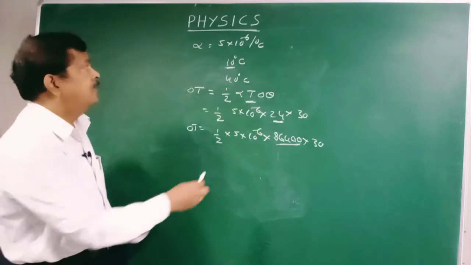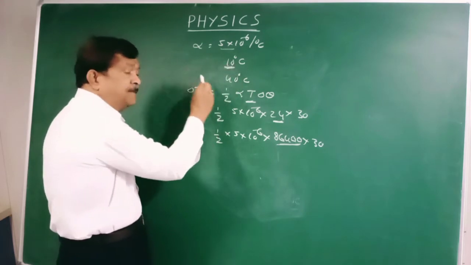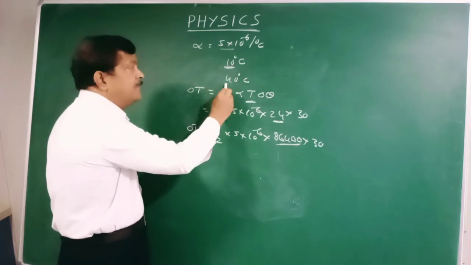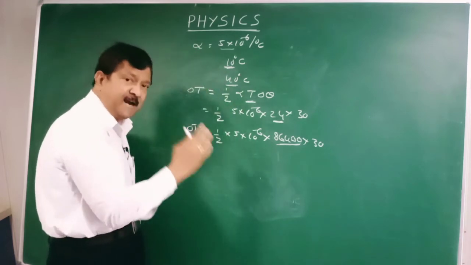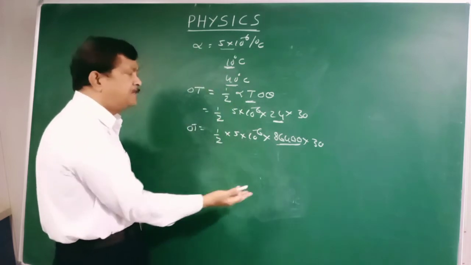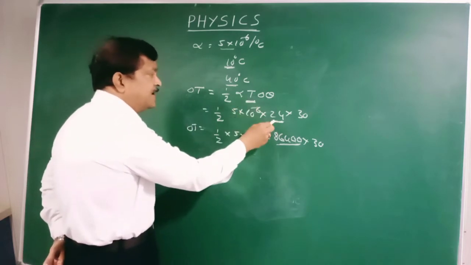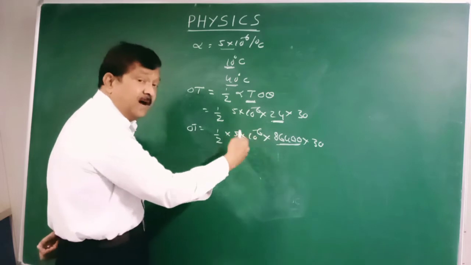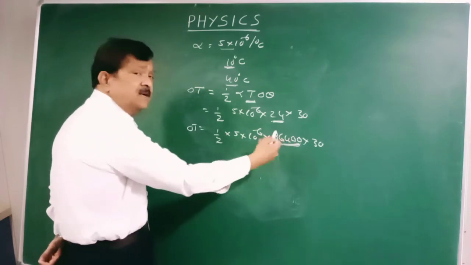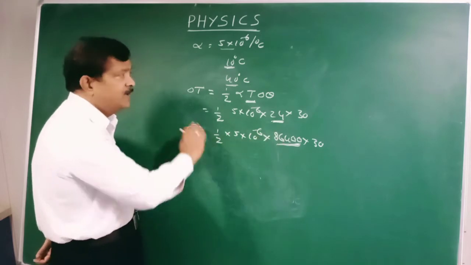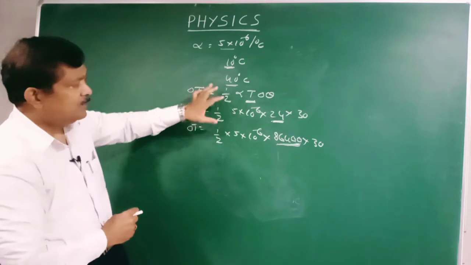Here alpha is given, and 10 degrees centigrade is the temperature at which it gives the correct time. But we are asked to find out the loss at 40 degrees centigrade per day. So depending upon the option, if it is in hours, let us substitute the time as 1 day equals 24 hours. Or if the answer is in seconds, you use the time 1 day equal to 86,400 seconds. Let us substitute and calculate. So this is also one important application where we can solve the problems.